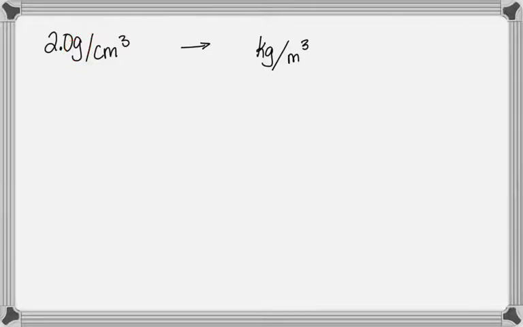Okay, so how I would do that is I would set up a conversion to go from grams to kilograms. Now there's different ways to do it. One way is to know that a kilogram is bigger than a gram, right?